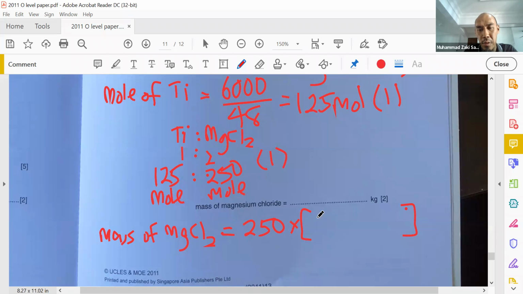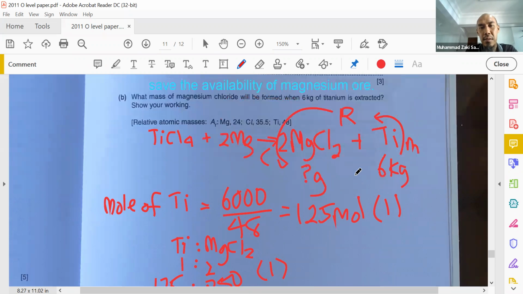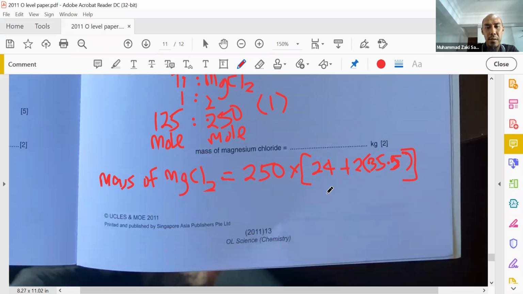So magnesium is 24 plus 2 times 35.5. How do I get the 35.5? It's here, they give you the mass here. Then you get the answer. Let me do the calculation first.